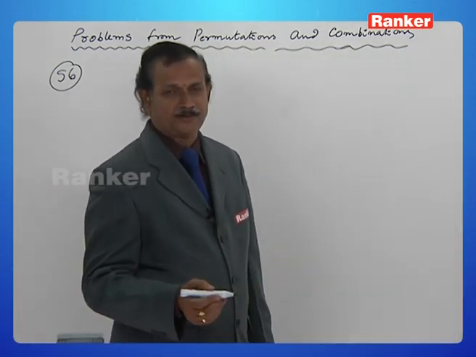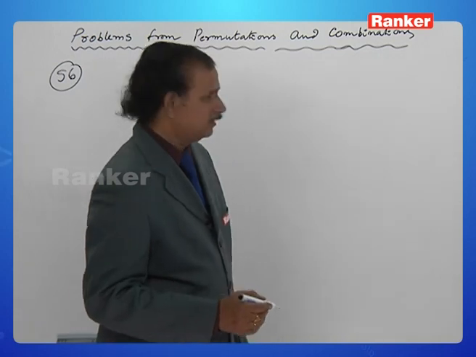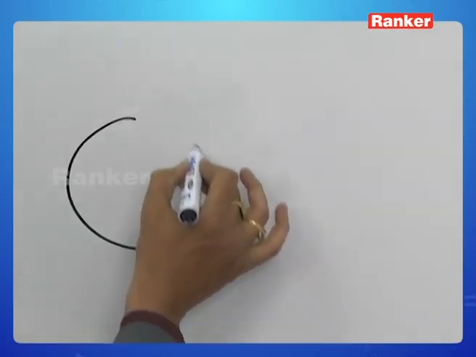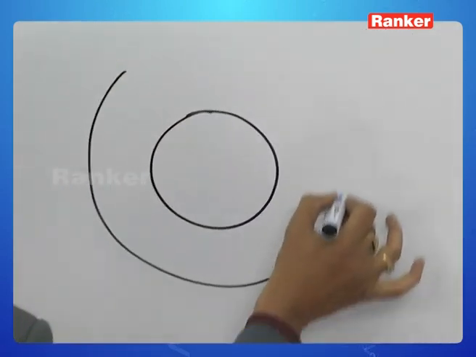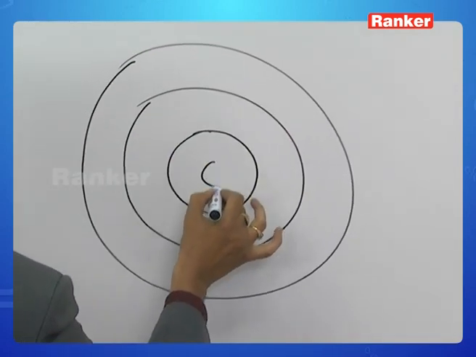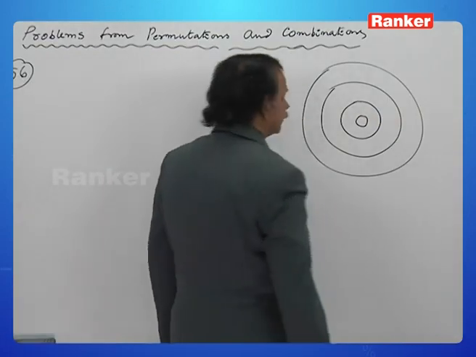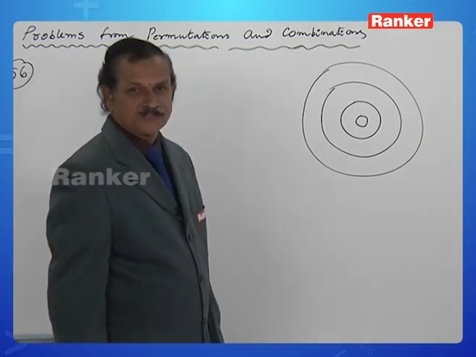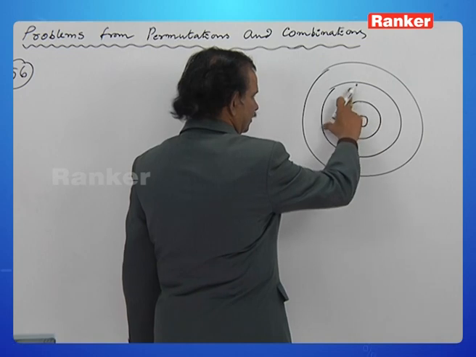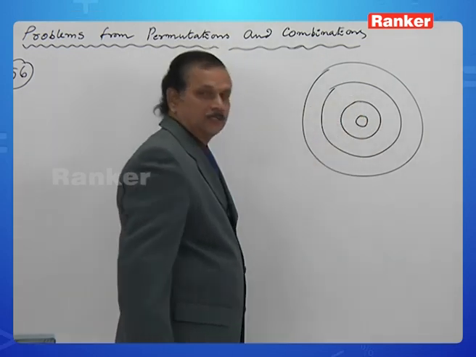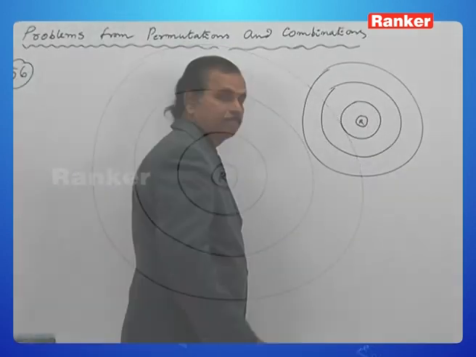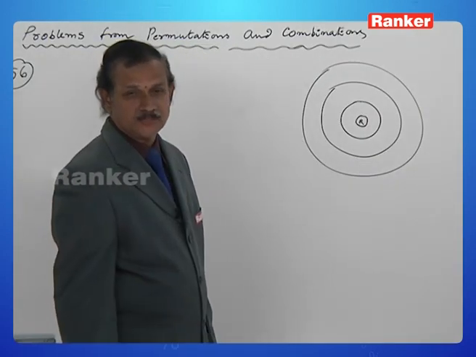Let me try to demonstrate the actual picture. I shall try. I have drawn only 4 circles. Radius of this is 1, radius of this is 2, this is 3, this is 4. The interior part is painted red, isn't it?